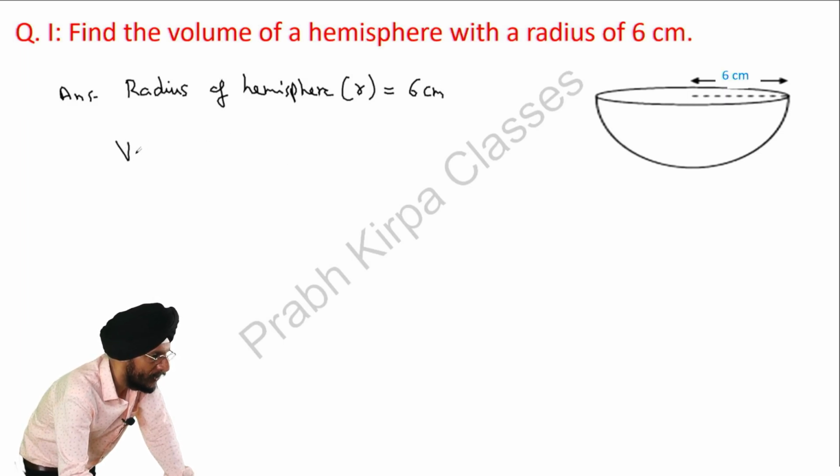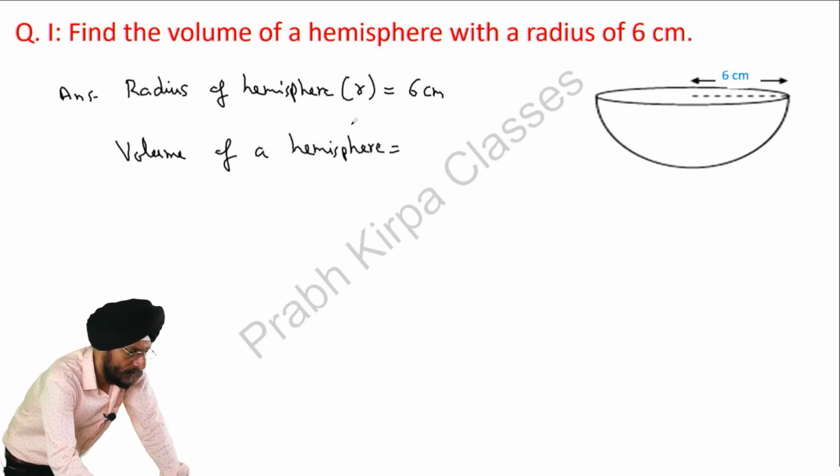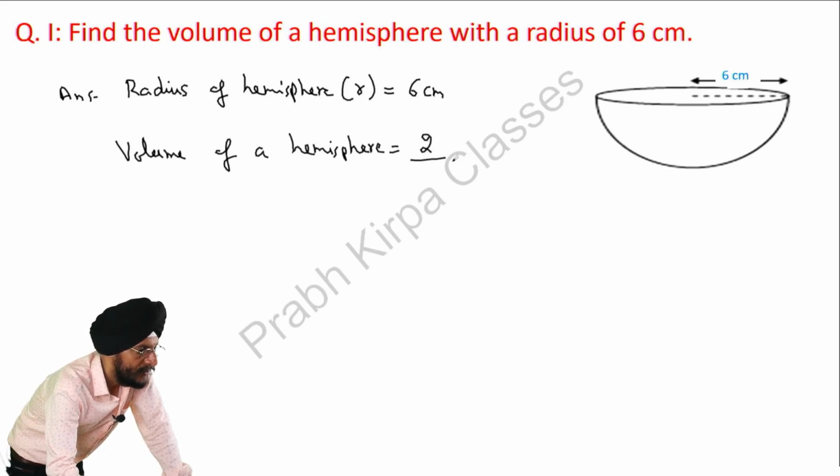What are we to calculate? We are to calculate the volume of a hemisphere. We know that the formula to calculate the volume of a hemisphere is 2/3 pi r cube.